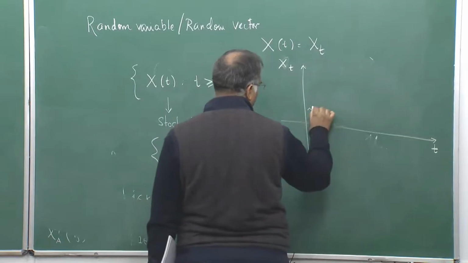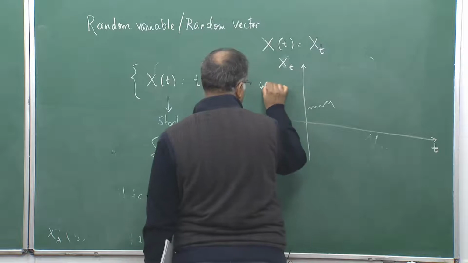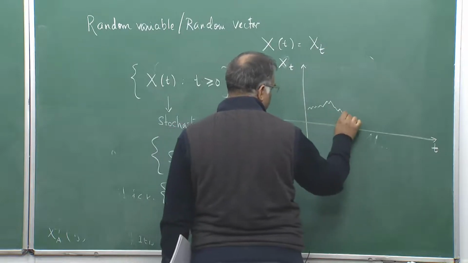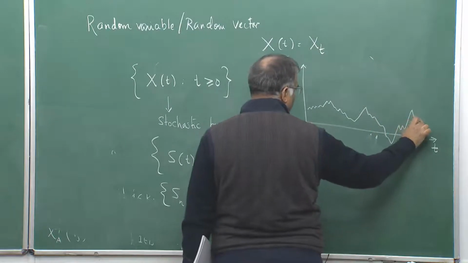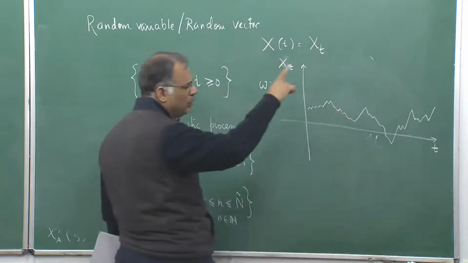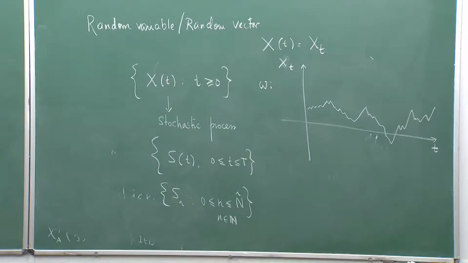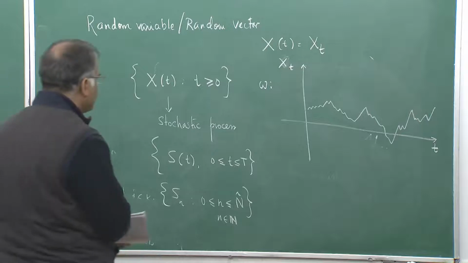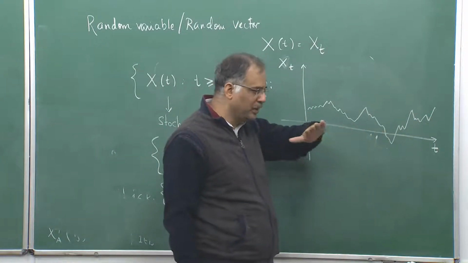So, for a fixed omega, you can see how the value of each random variable changes at omega. In a market setup, if this was the stock price S_t, obviously the stock price would not be negative.